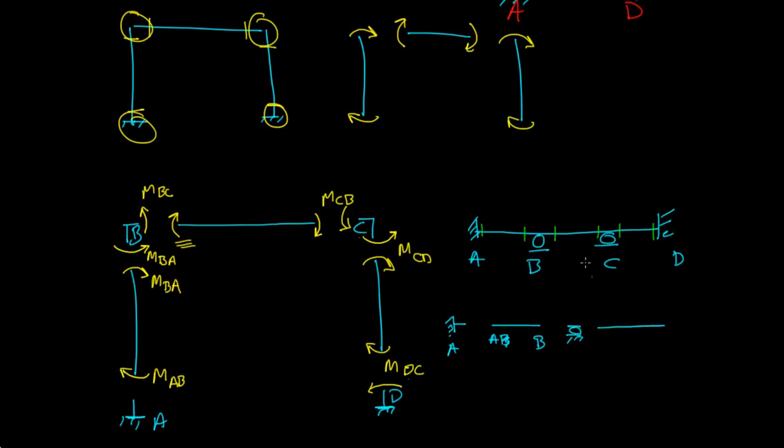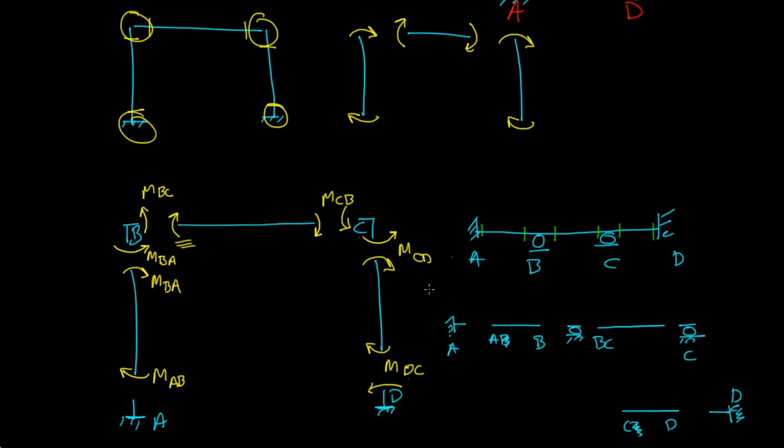Then span BC. Then I have joint C, and then you have CD. I'm going to draw it down here because I'm running out of room. C, D, and then you have the fixed end D, right?